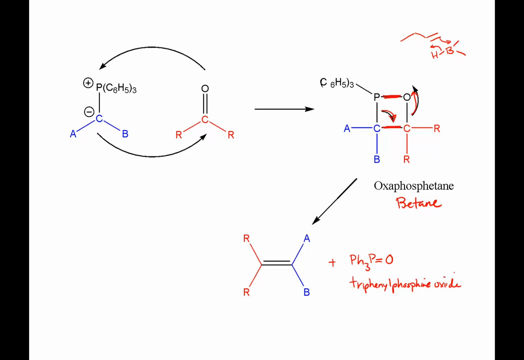And the P=O double bond is very stable, so that's why that reaction works. You wouldn't need to write this mechanism, but I'm showing you how the Wittig reaction works.